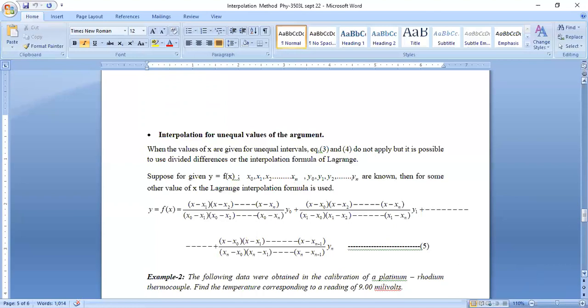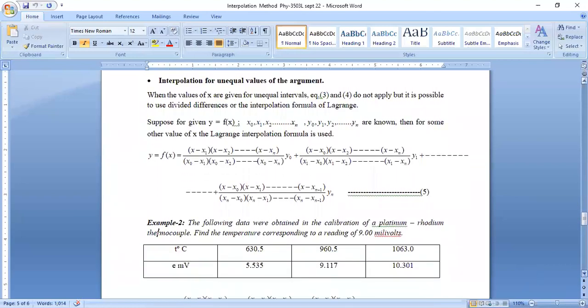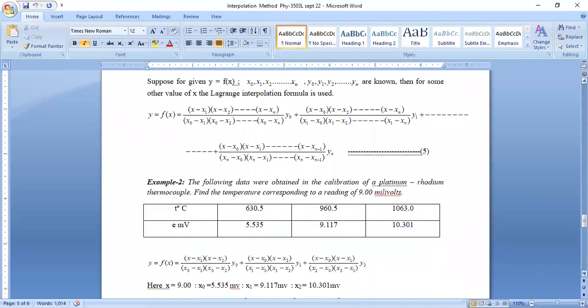Now look at this example. You have a thermocouple experiment, and the following data are obtained in the calibration of a platinum-rhodium thermocouple. You have to find the temperature corresponding to a reading of 9 millivolt.